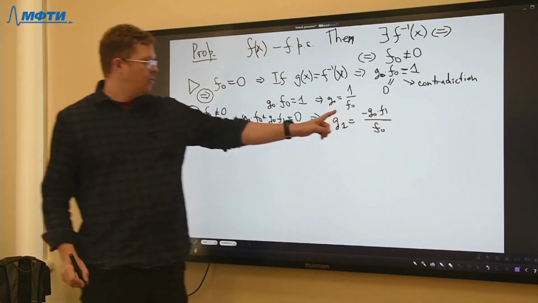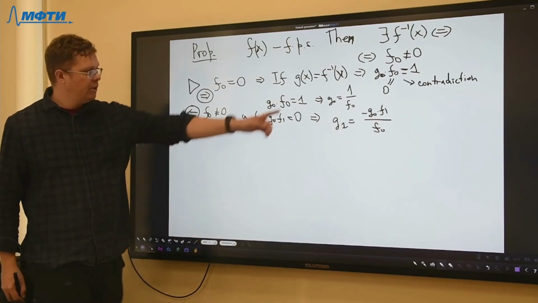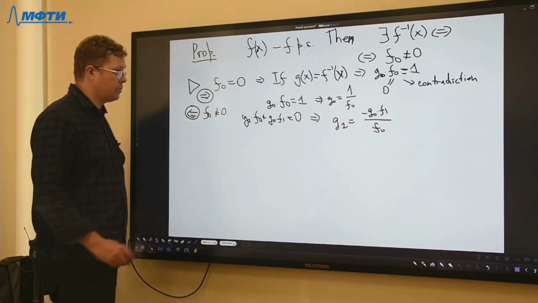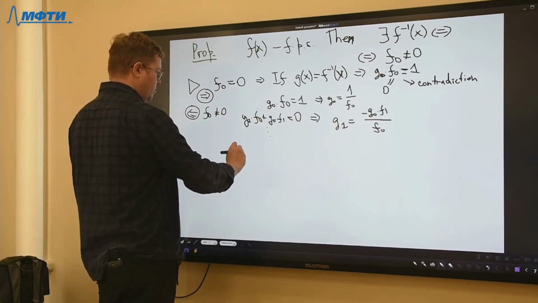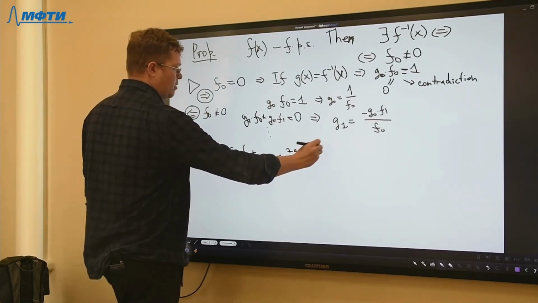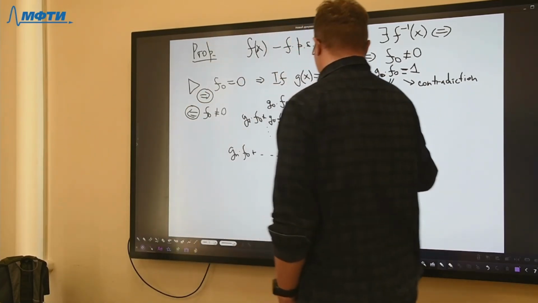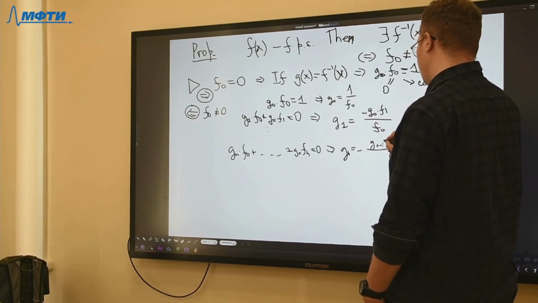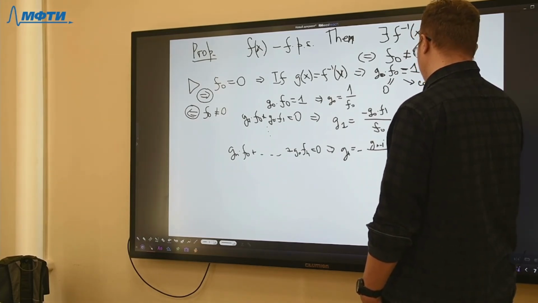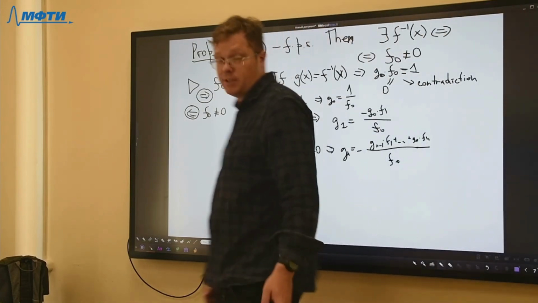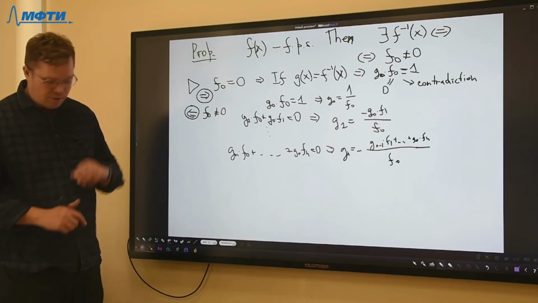We already found g0 earlier, and we can divide by f0 because it is not equal to 0, and so on. We can prove by induction that gn is equal to minus gn minus 1 times f1 plus etc. plus g0 times fn, divided by f0. So we can find all the coefficients of the inverse formal power series, and this means that this formal power series is invertible.